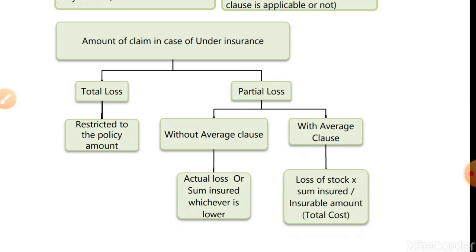With the calculations and other things, you will get a more clear understanding. Let us see the loss of stock policy calculation, how we should do the loss of stock calculation.